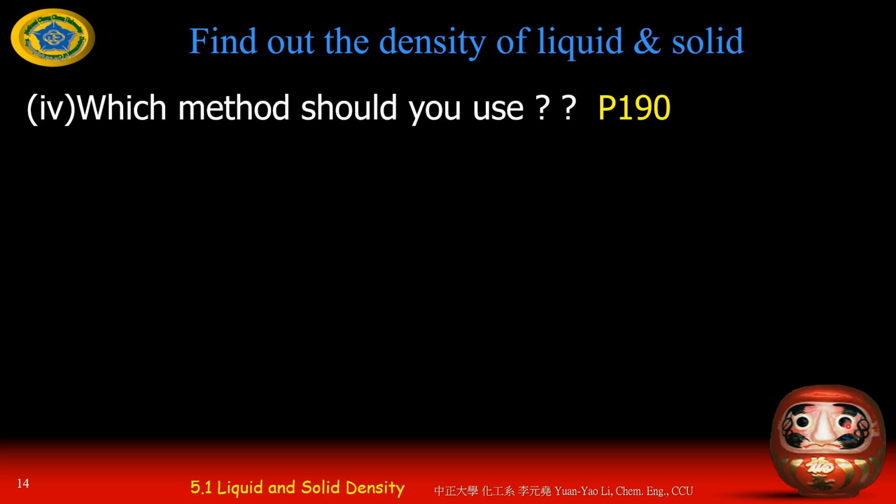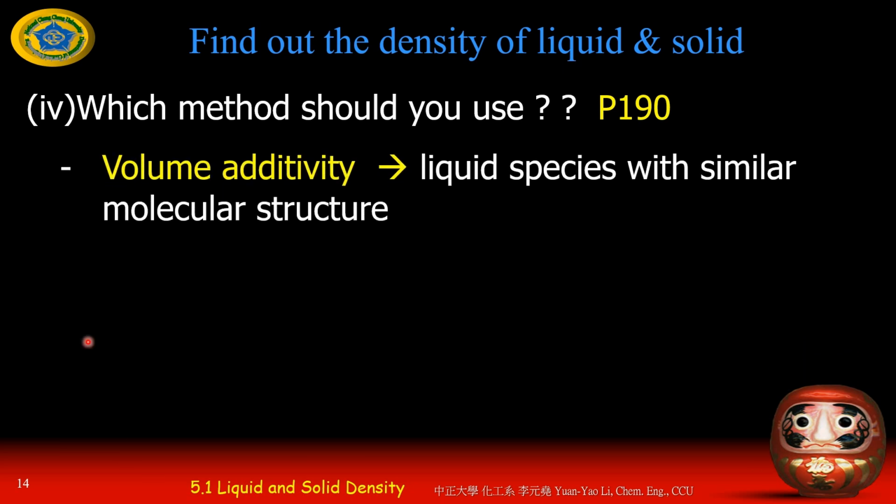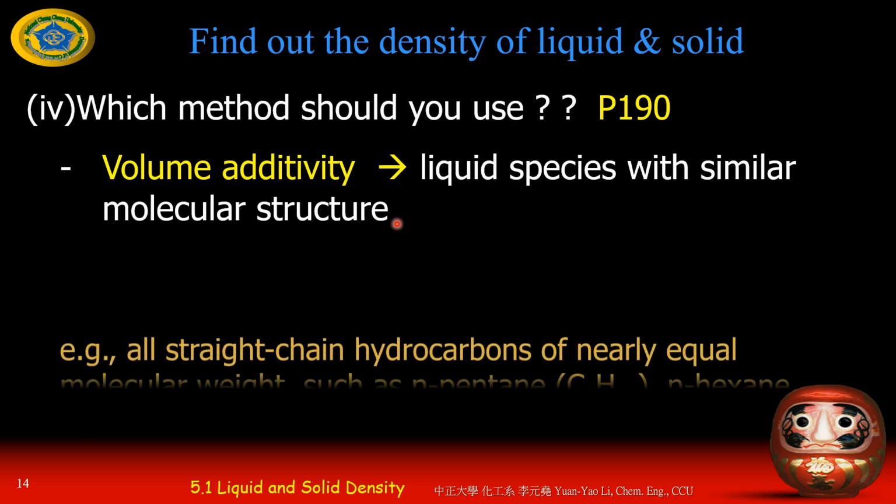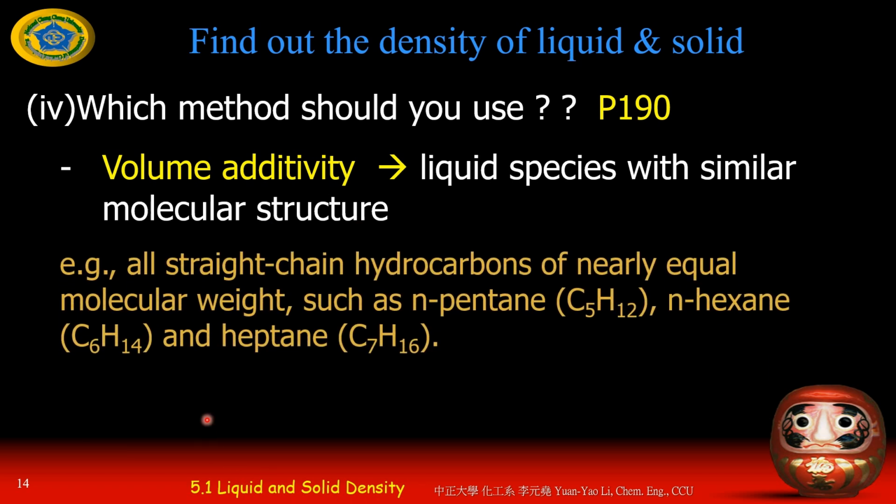Which method should you use? For value additivity, use liquid species with similar molecular structures. So if you have similar molecular structures, you use value additivity, which is equation 5.1-1. For example, all straight chain hydrocarbons of near equal molecular weight, such as n-pentane, n-hexane, and hexane.